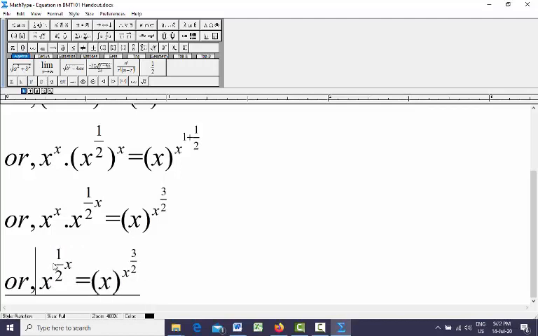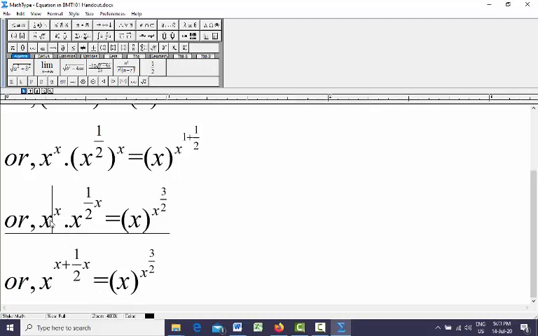So I'm saying again, here also base x and here also base x, and we are doing multiplication. So in that case this power x needs to be added with half x, right?